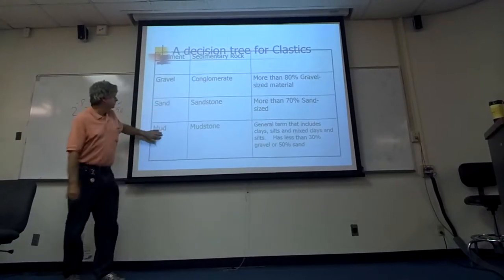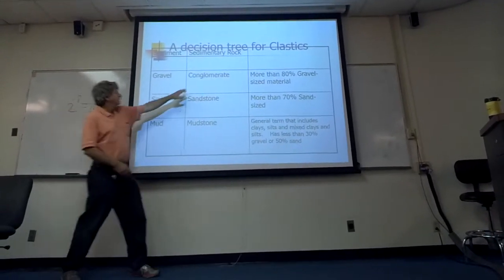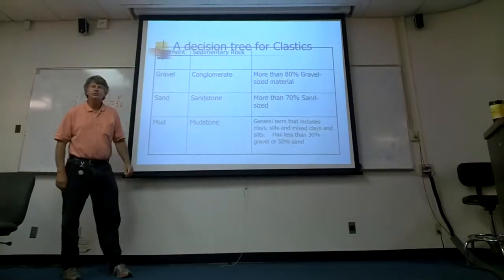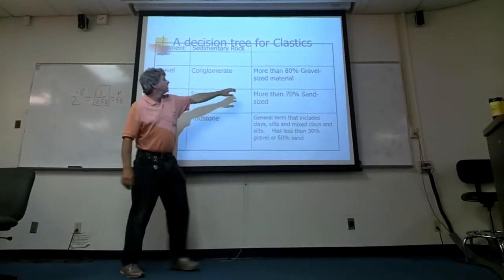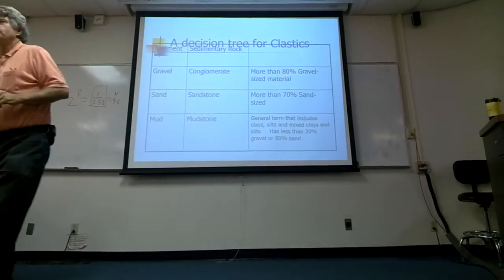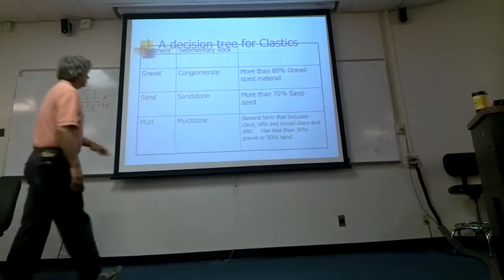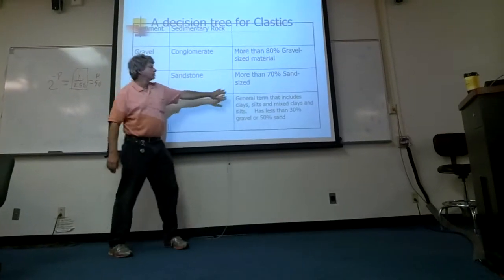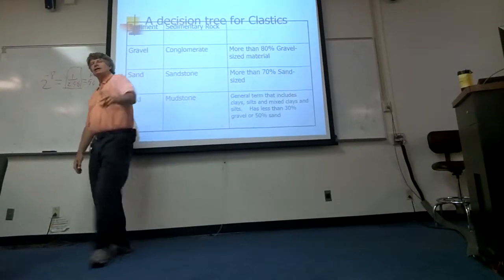Here are the basic things that you'll do. We have different terms for soft sediment and then other terms for sedimentary rocks. So gravels and conglomerates are more than 80% gravel-sized material. Sand and sandstones are more than 70% sand-sized material.